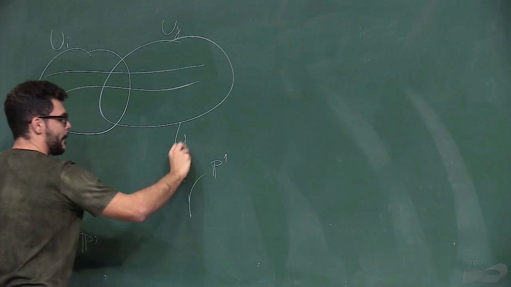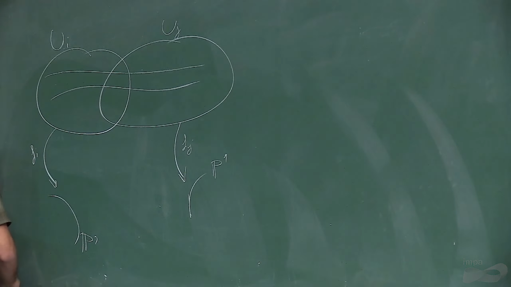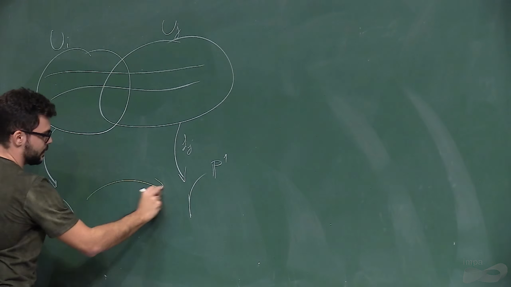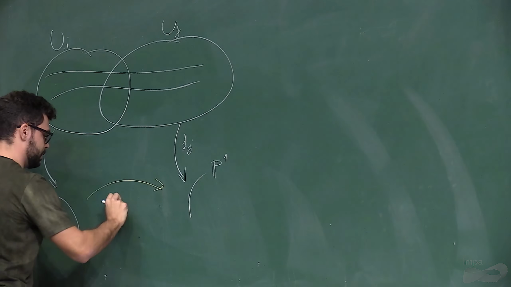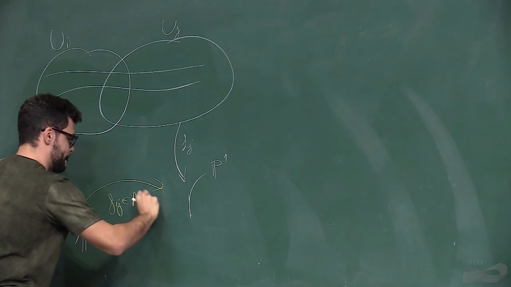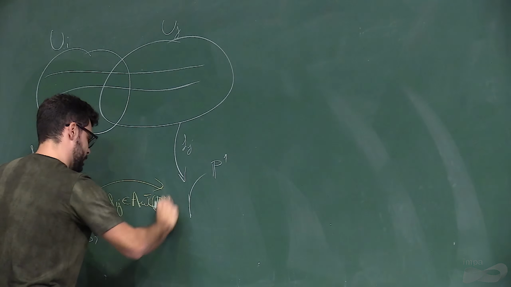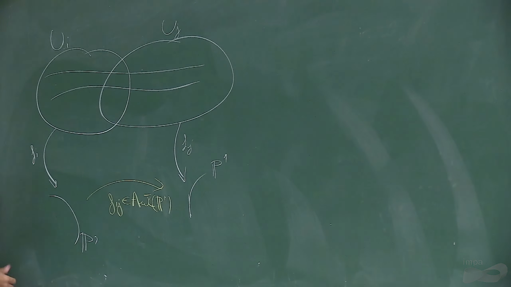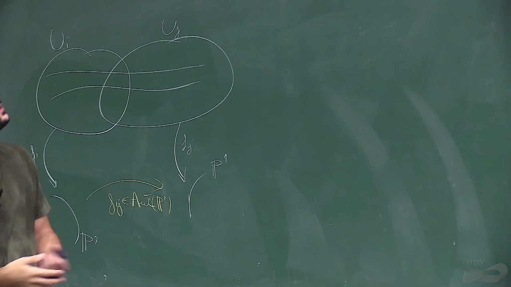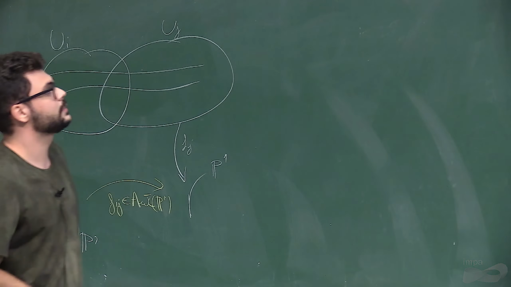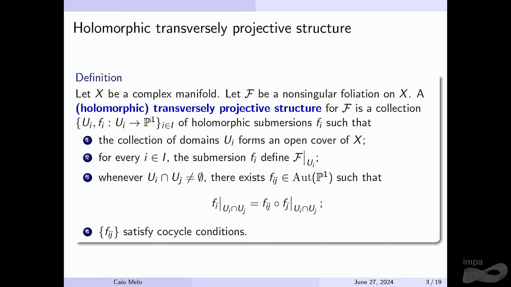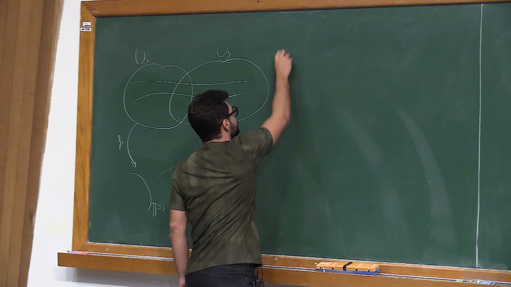And the transition functions are just Mobius transformations. Something interesting is when the space has dimension 1, and so one recovers the definition of projective structure for curves. And in the case of curves, there is always a smooth projective structure. So we'll talk about this here.